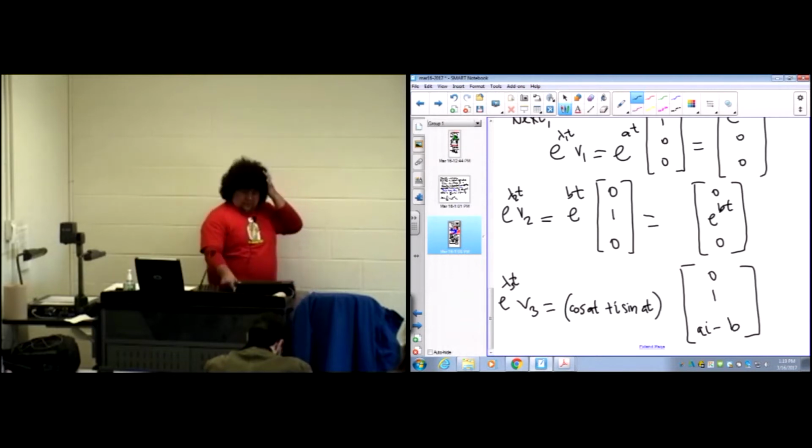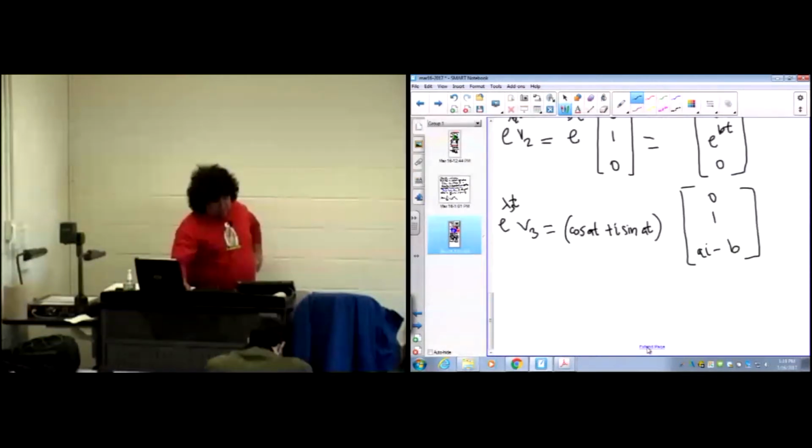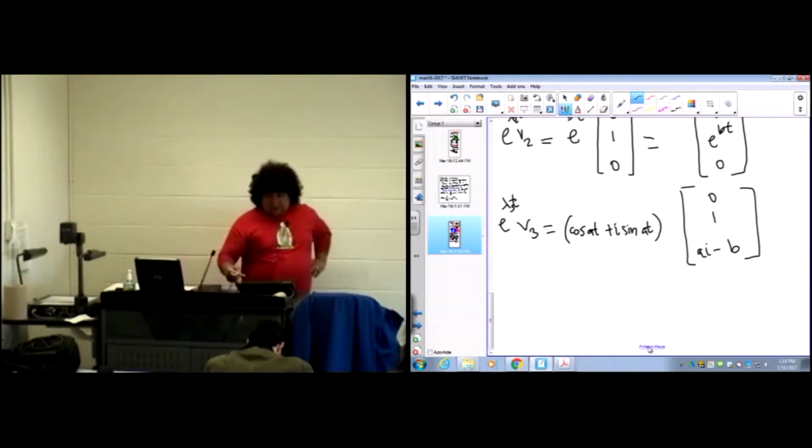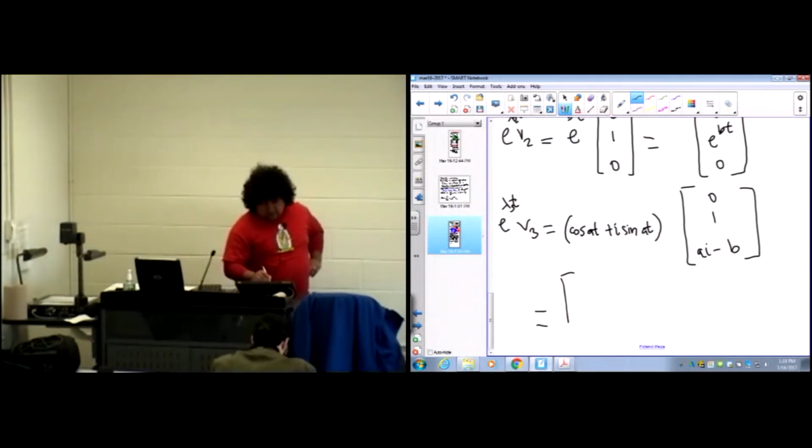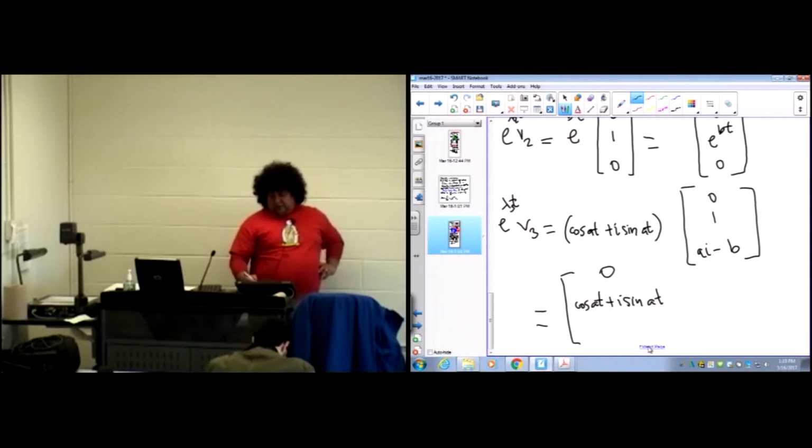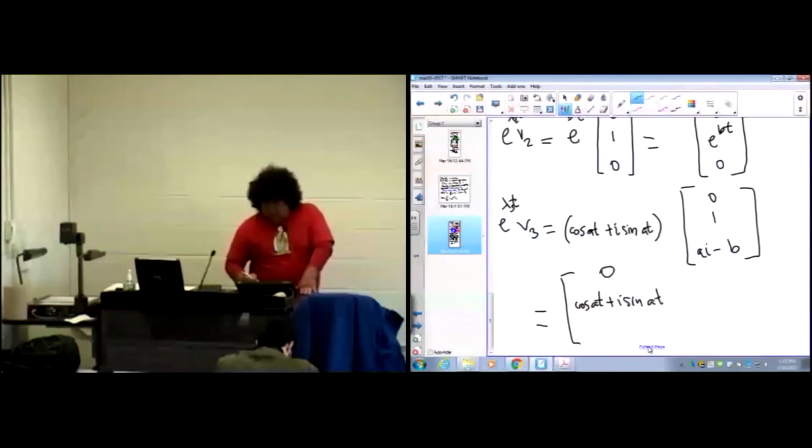And the last entry is a little more involved because, let's say, this would be cosine at times ai minus cosine at times b plus, here we have an i squared a sine of at, and then we have a minus i sine of at times b.